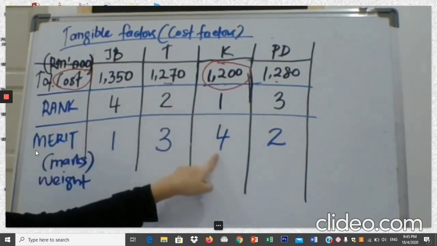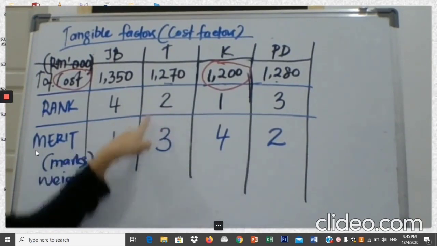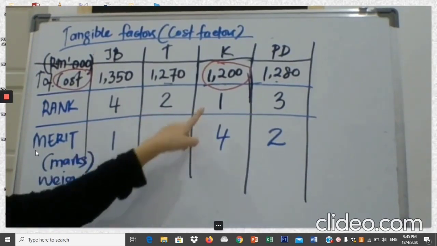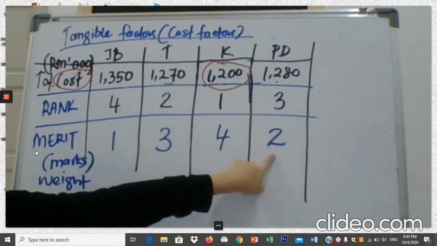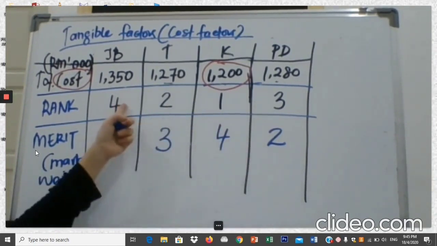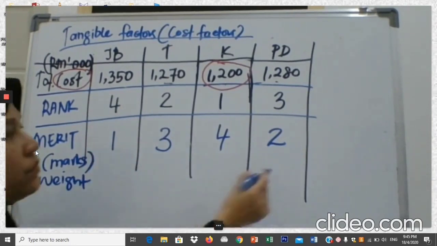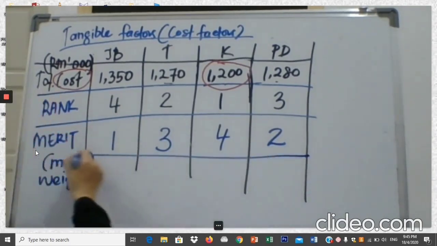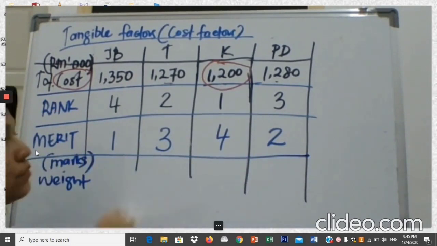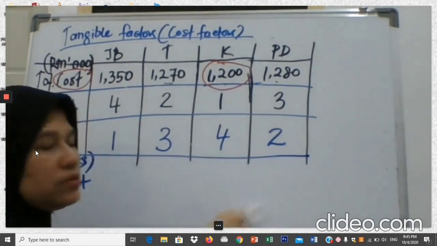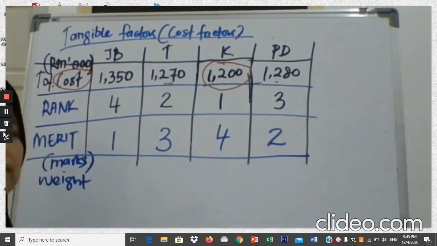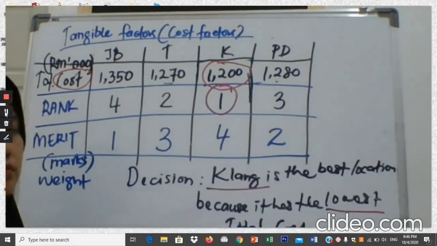Konsep dia macam kat sekolah, orang yang dapat nombor 1 markah dia paling tinggi. Yang dapat nombor 2 markah dia rendah sedikit daripada yang rank nombor 1. Nombor 3 markah dia lebih rendah, and yang berada di kedudukan yang terakhir markah dia adalah yang paling rendah. So that is how you calculate for tangible factor.